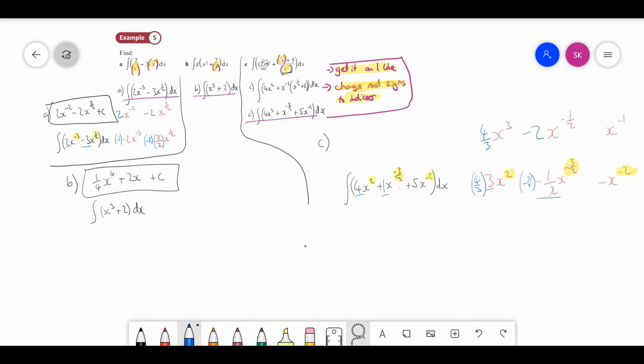Finally, what do I times this negative 1 by in order to make positive 5? Times it by negative 5. So my answer is 4 over 3 x cubed minus 2x to the negative a half minus 5x to the negative 1 plus c.